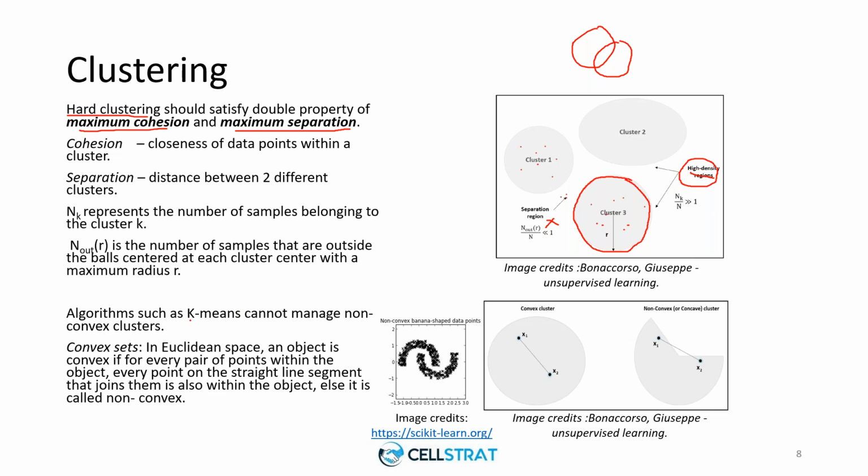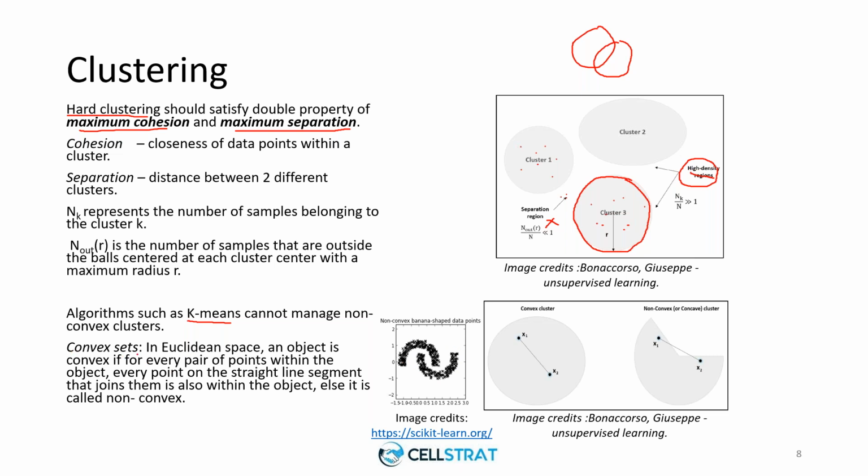Another point I want to discuss today is convex and non-convex clusters. Algorithms like K-means cannot manage non-convex clusters. So what is a non-convex cluster? For example, if you have a data set like this, a banana shaped data set, this is an example of non-convex data points.